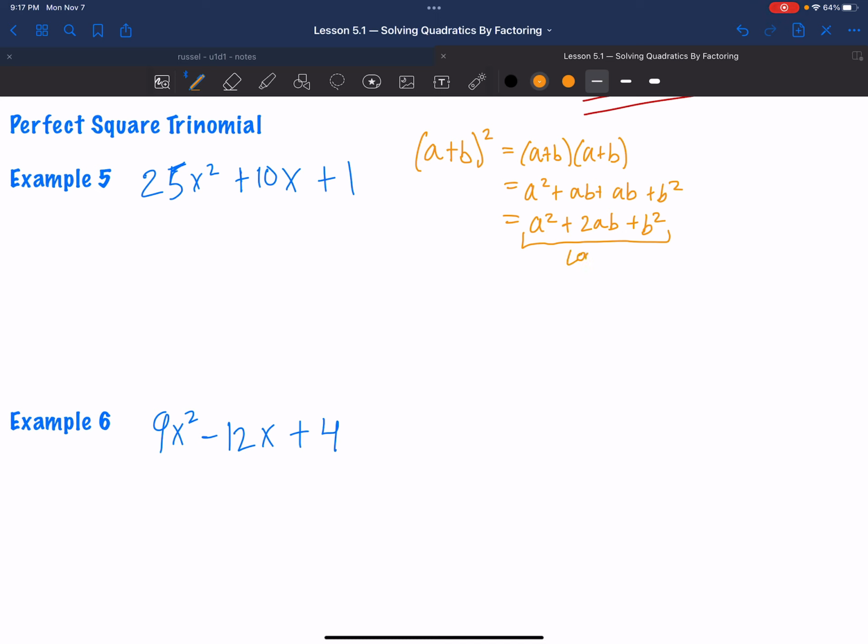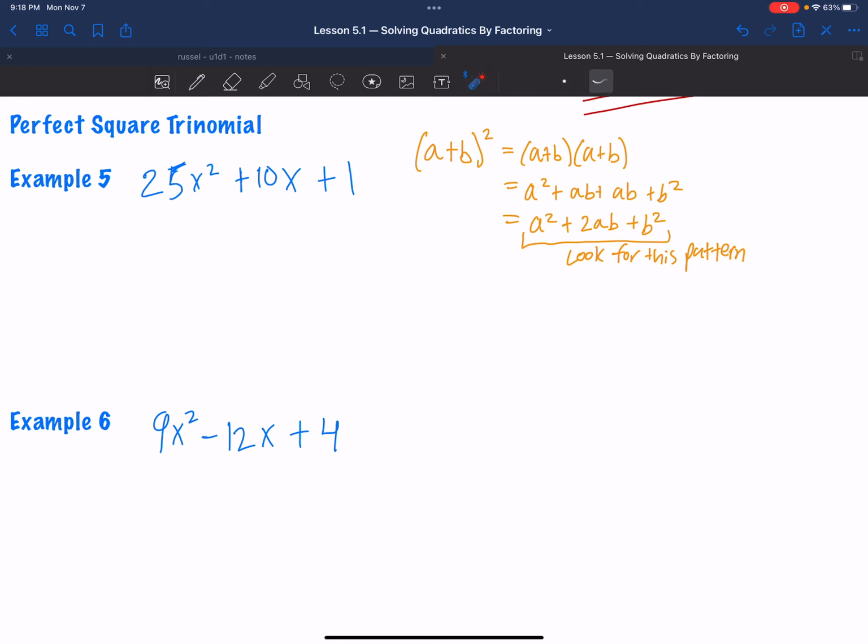This is the pattern you look for. The giveaway is those first and last terms, a squared and b squared. If you identify those as perfect squares, chances are you might be able to factor this by thinking of it as a perfect square trinomial.